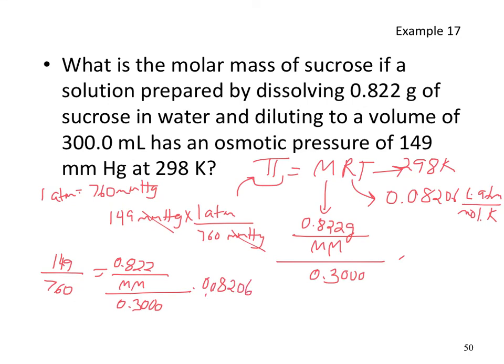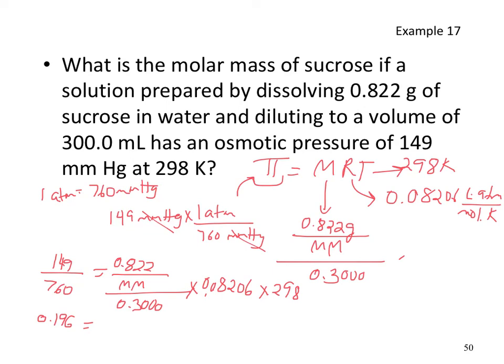Times 0.08206 times 298, so let's punch in our numbers. My left hand side, I'm going to show you the breakup anyways as to what each of those numbers should come out to be. This part should come out to be 0.196.